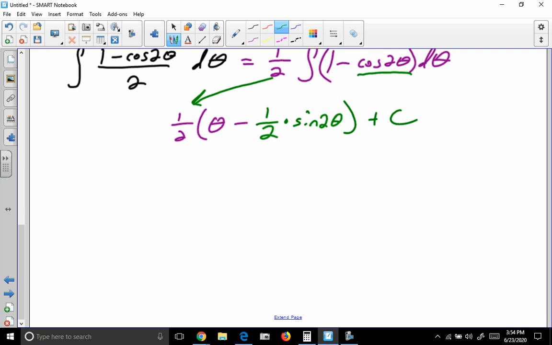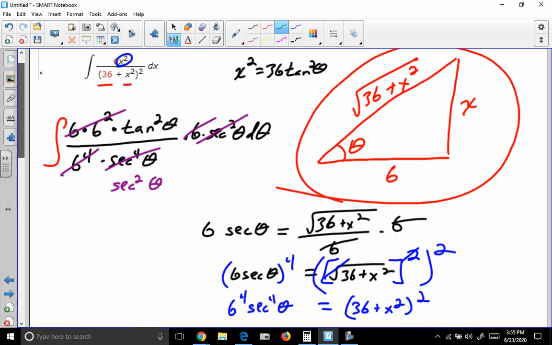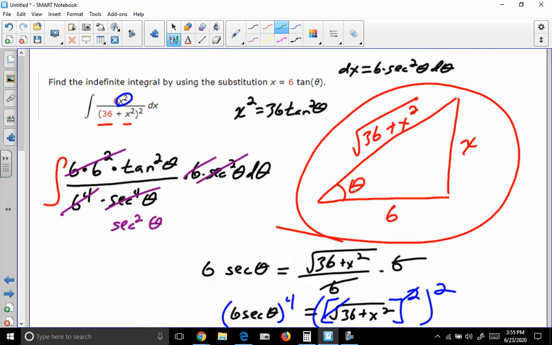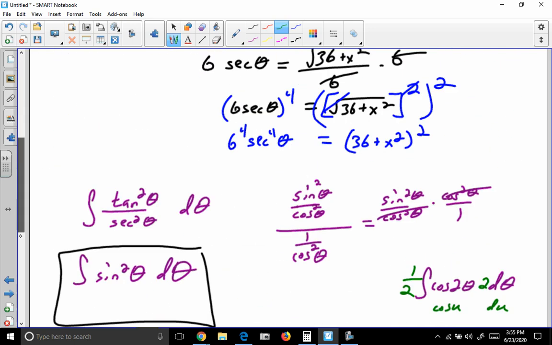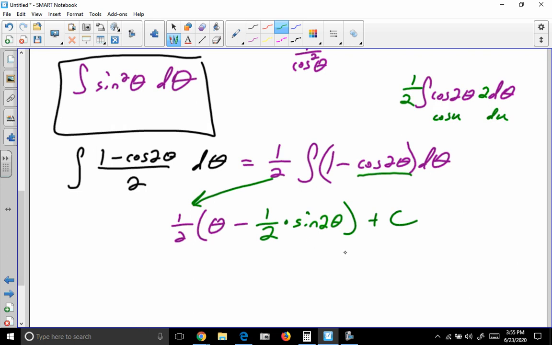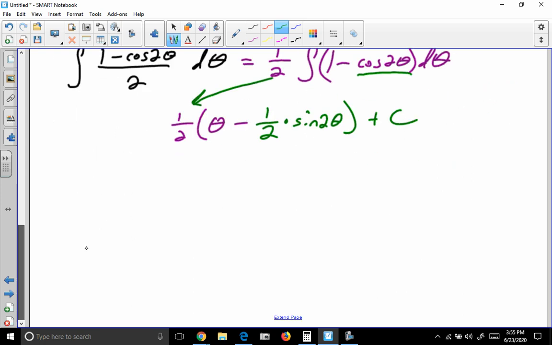But we have to change these back to x's. This is theta. We don't have a triangle that is 2 theta. We can't just simply find out what is sine of theta and then double it. So we need to express this in terms of the angle we have, 1 theta, not in terms of 2 theta. So we have to use an identity.